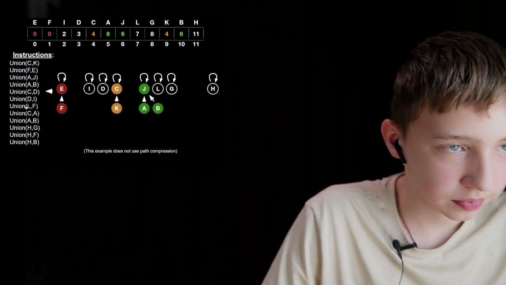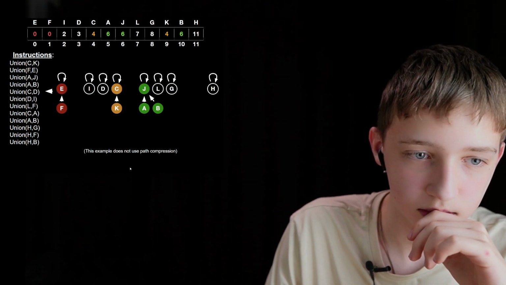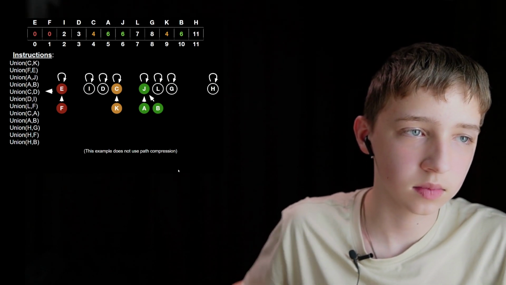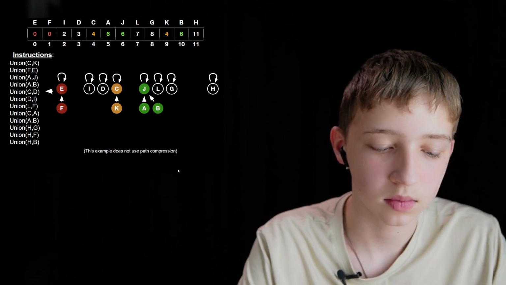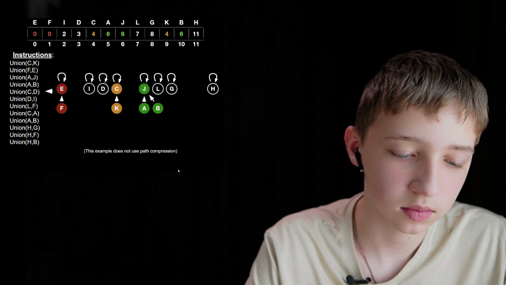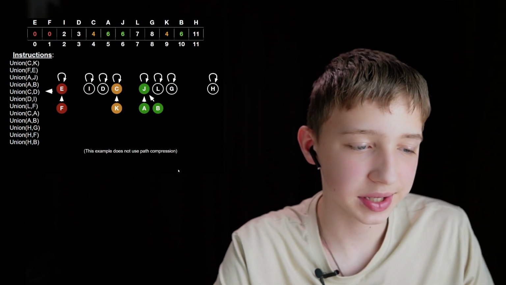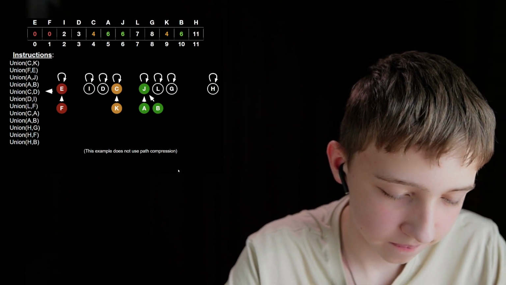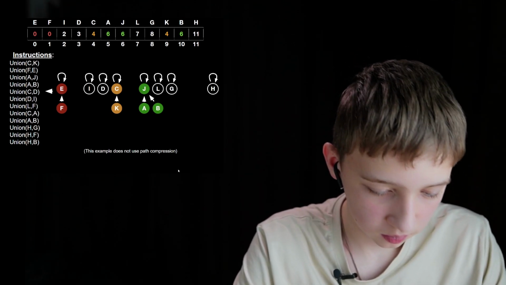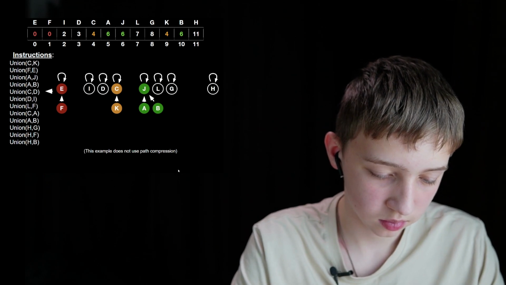Okay, now just one question for you, for my edification. The numbers on the bottom, 0, 1, 2, 3, 4, 5, 6. That is the original group number for each element, correct? They all began as separate groups. You had 12 disjoint sets at the very beginning, correct?